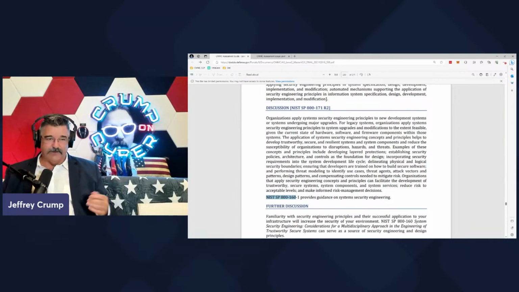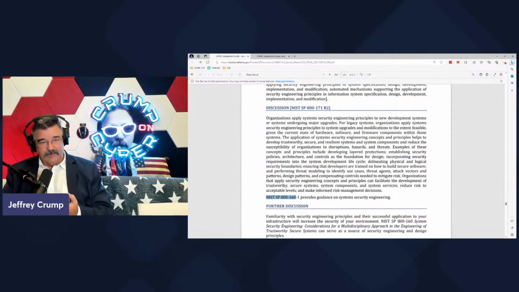Well, we have different types of systems, right? We've got our enterprise systems, our shared systems, our common systems, maybe in an IT shared services environment or an internal SOC, security operations center type of thing. We've got large scale processing systems. We've got system of systems.